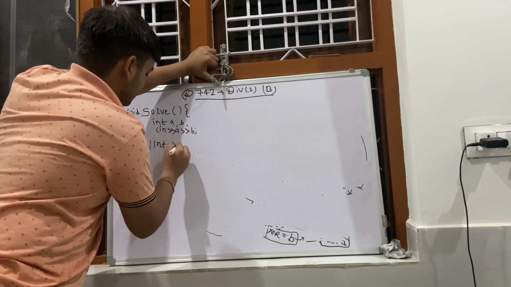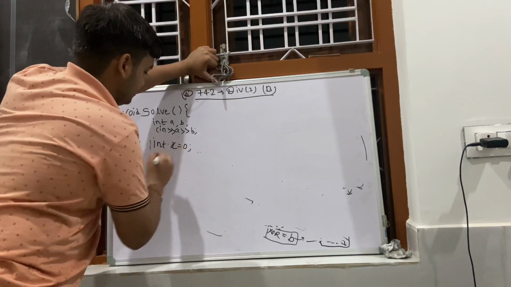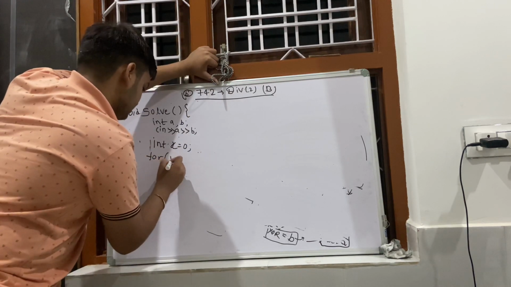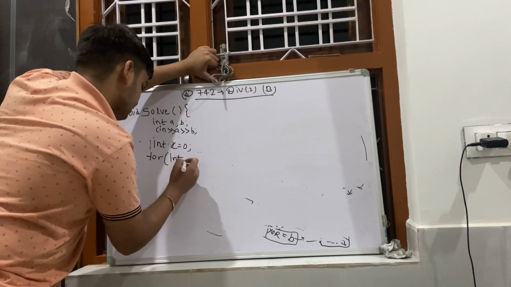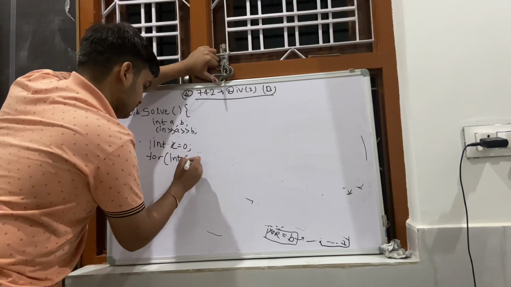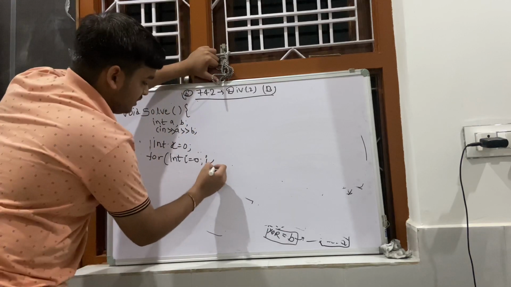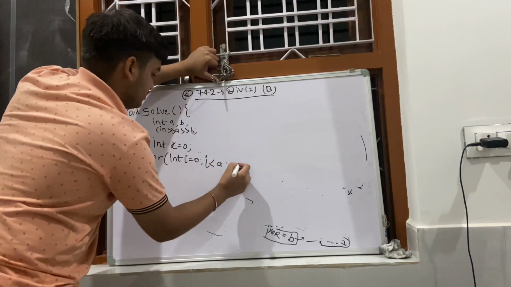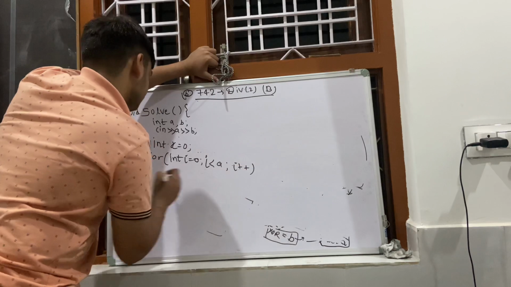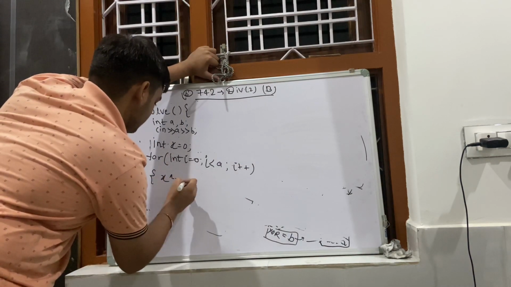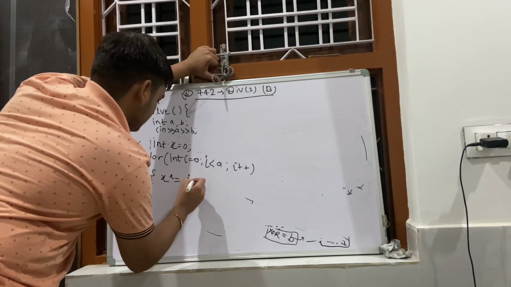So let's initialize the XOR value x to 0. I need to find the XOR value of the lesser elements, which I get by using a for loop: i equals 0, i less than A, i plus plus. So x XOR equals i.